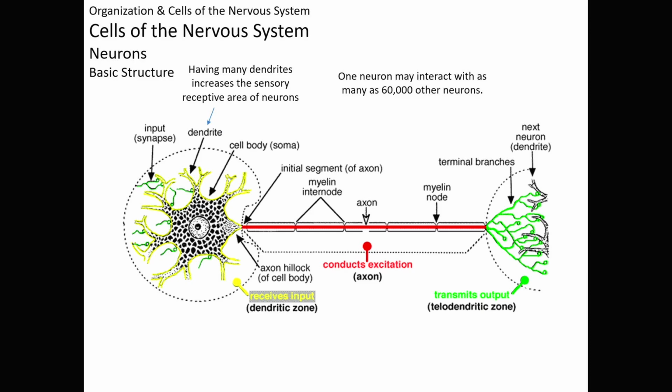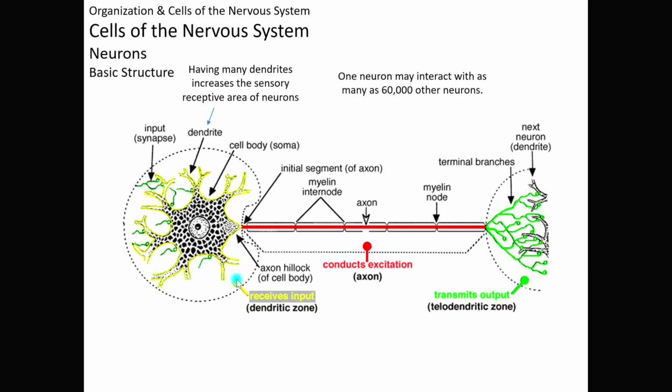We highlighted that the dendritic zone is comprised of the cell body and also the dendrites. We basically said that the cell body is receptive to sensory input, and the dendrites are literally just extensions of the surface area of the cell body to allow that neuron to be able to receive a greater amount of sensory input, right? To be able to interact with many more neurons.